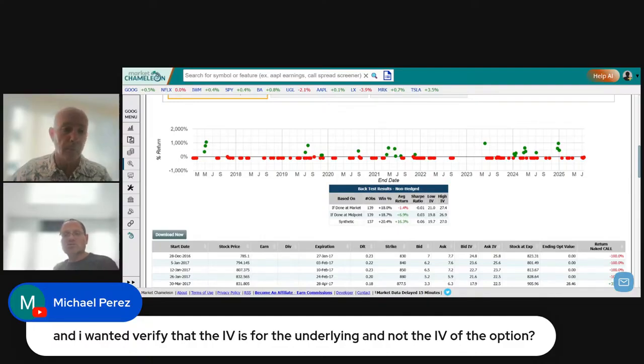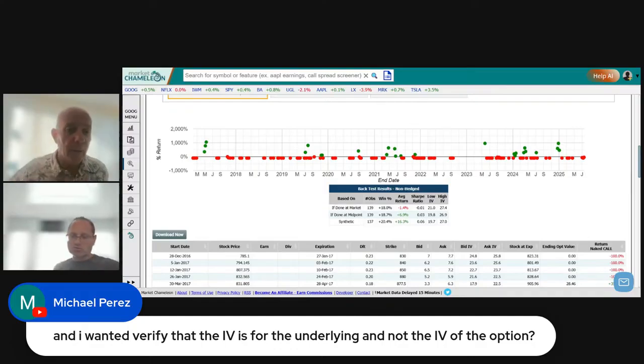And in this case, it was over an 8% difference, right? Between the midpoint and executing it on the market price or the ask price.